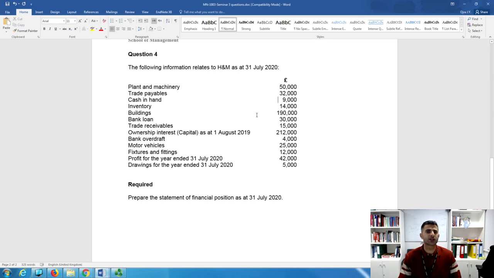Right, you start with the plant and machinery. Again, guys, let's analyze it. Plant and machinery, think about it. When you prepare a statement of financial position, if you remember, we did say the accounting equation. This is statement based on the accounting equation, which is assets minus liabilities equal equity.